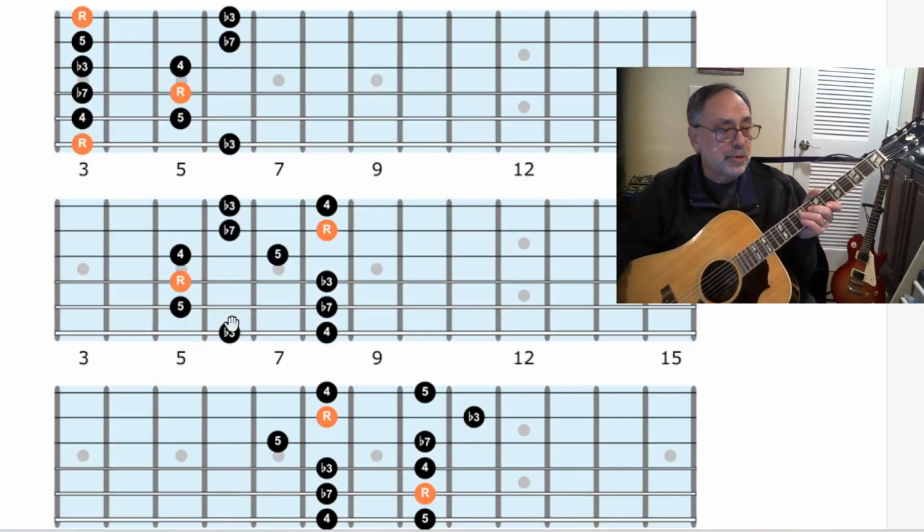But just to demonstrate a little bit, if I go back to where we were earlier with A minor, or C major pentatonic, I could slide up 2 more, and I'm just taking that little piece of that next position, the next shape, the way they connect. 5, 8, 10, right?